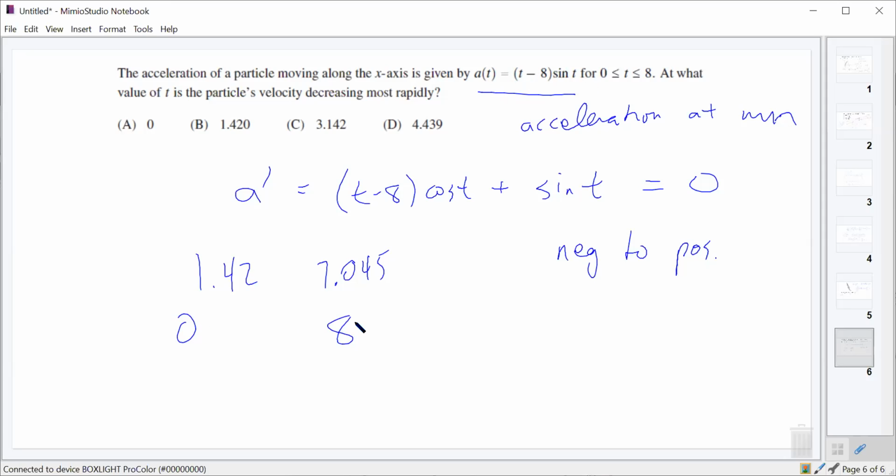If I plug in 8, that's going to come out to be 0. And then I plug in both of these to see which one is smaller. Clearly, it's not going to be that one. If I plug in 1.42, the sine of 1.42 is positive, but 1.42 minus 8 is negative. So it's negative times a positive. So this one is going to be the smallest value. Does that make sense? Yeah, thank you. You're welcome.